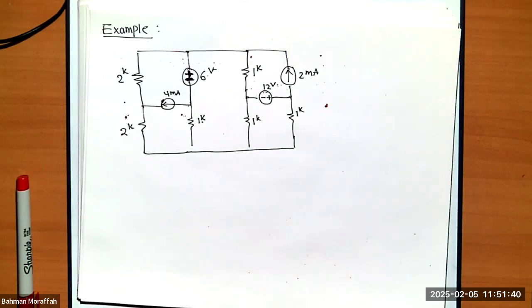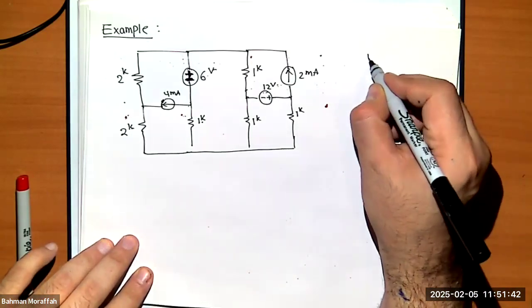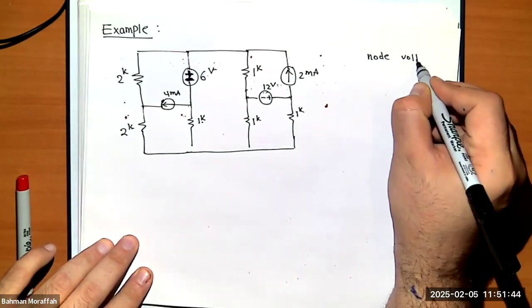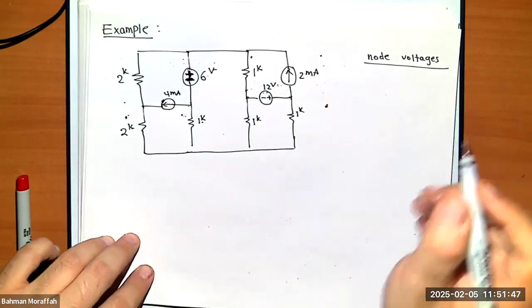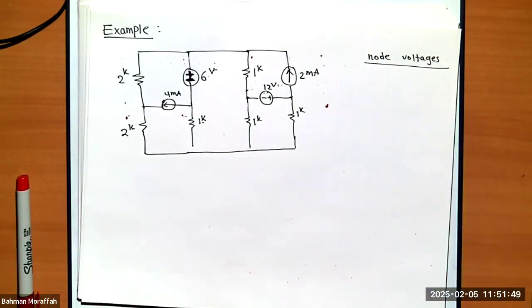Right? And again, let's just say we want to find node voltages. If I know node voltages, I know everything in the circuit. Again, we're going to go through our recipe. That recipe holds for everything. What I have here is a circuit.